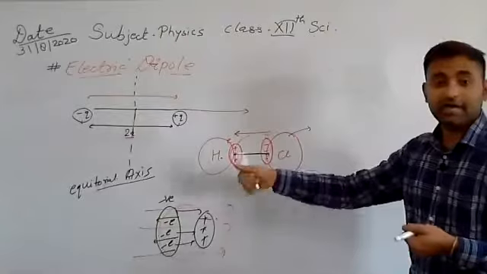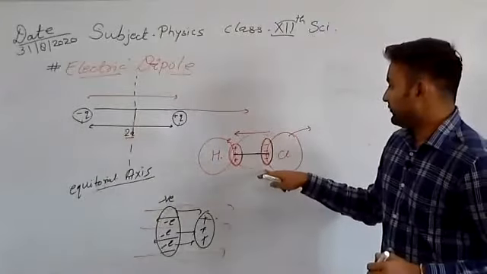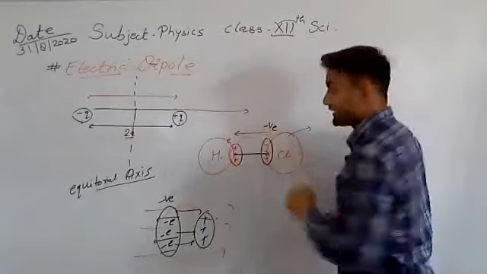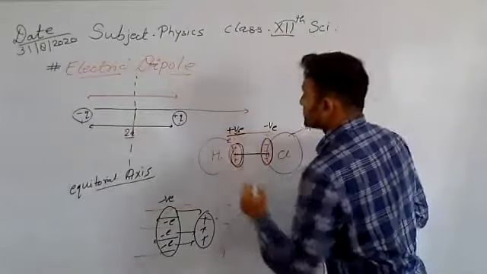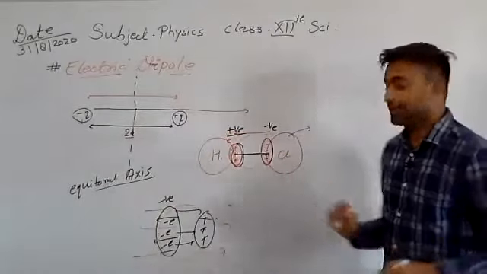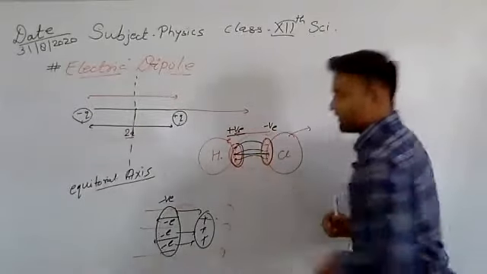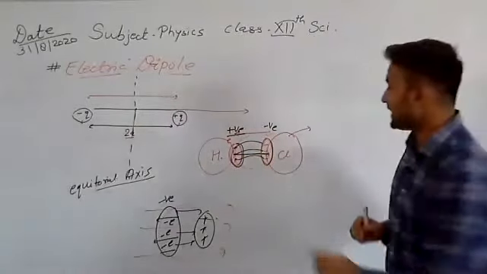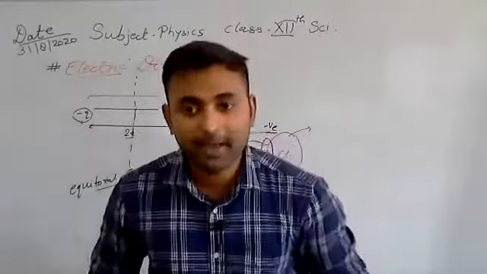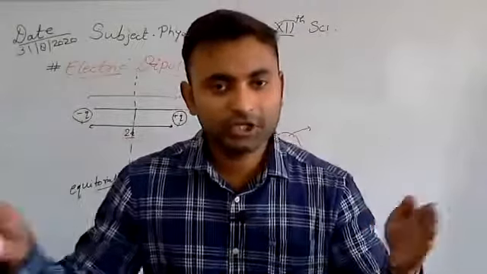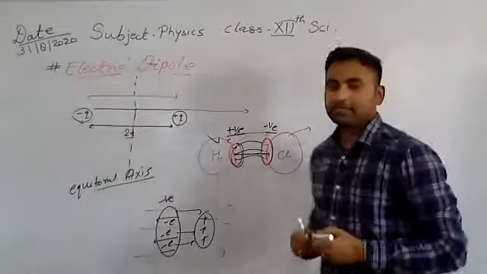So if it attracts the electron, this terminal will be negatively charged, and this terminal will be positively charged. But the magnitude will be the same because these electrons have been transferred here only. That is why it will be negative and it will be positive. The magnitude will be the same but opposite in nature. So that is why this has become a dipole.